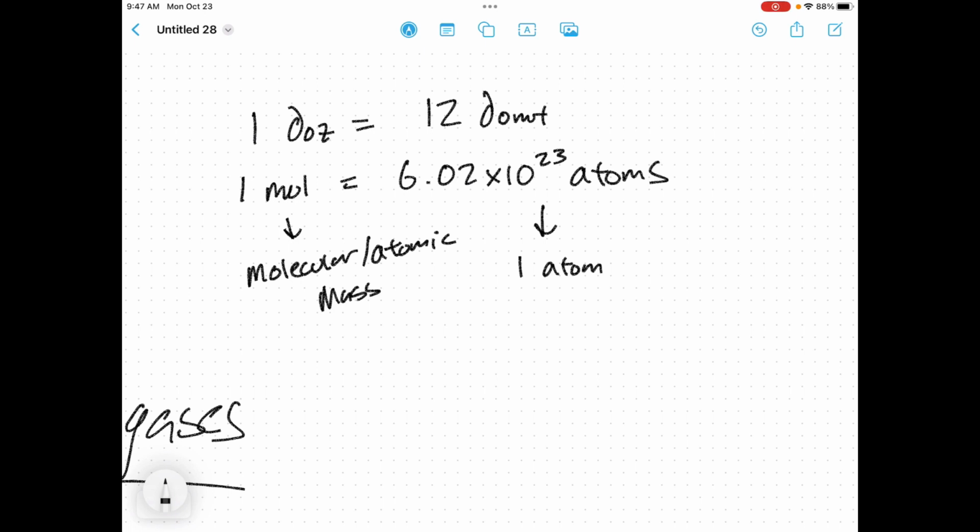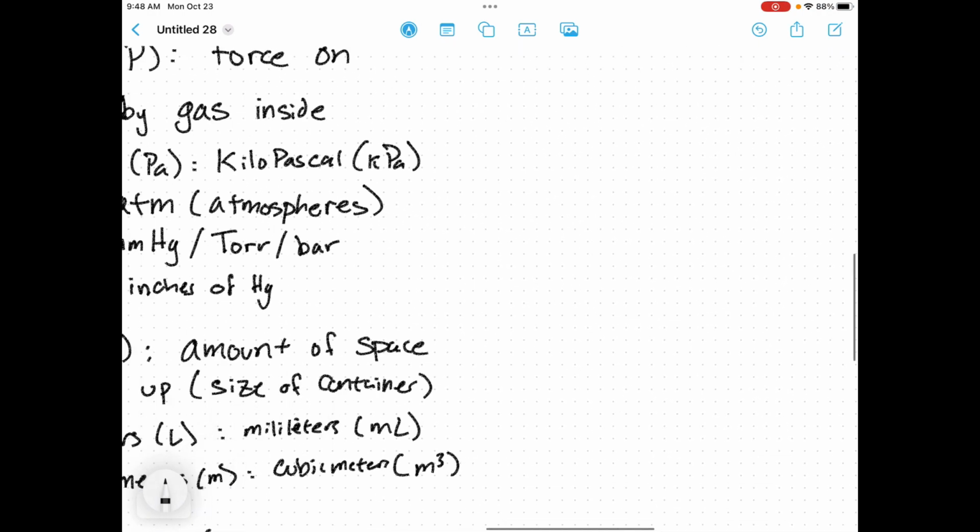If you get 1 mole of an atom, that corresponds to its atomic mass on the periodic table. A long time ago, they measured how much a certain amount of carbon weighed and said 12 grams of carbon equals 1 mole. They compared everything else to that carbon, and that's where we got this standard idea of a mole. It's just based on the atomic mass of carbon.